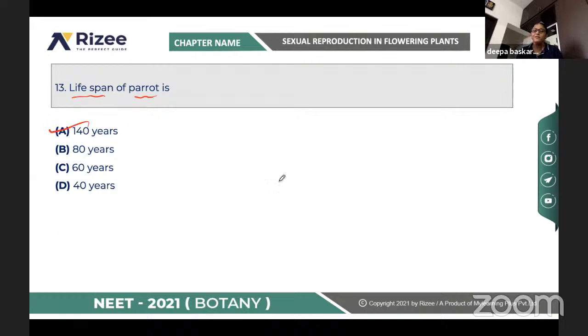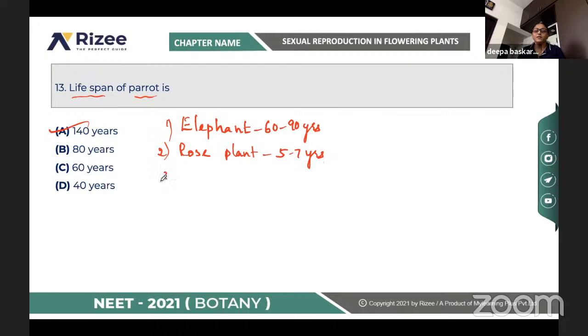But elephant has 60 to 90 years. Rose plant has 5 to 7 years. And dog, 20 to 30 years.